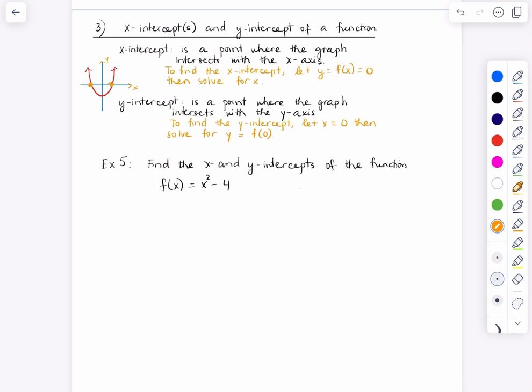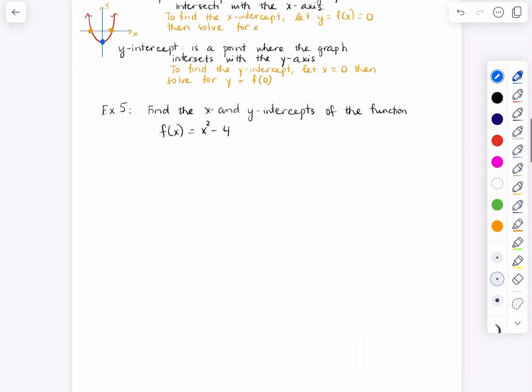These 2 points are where that red parabola intersects with the x-axis. The y-intercept is the point where the graph intersects with the y-axis. So that will be this point right here. If we can find these 2 points algebraically, that will help us create the graph of a function later.